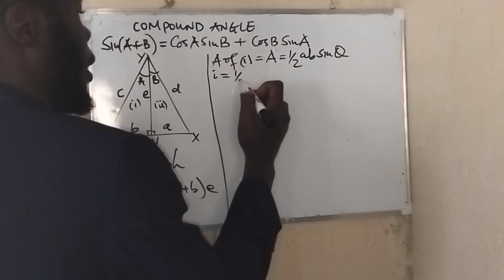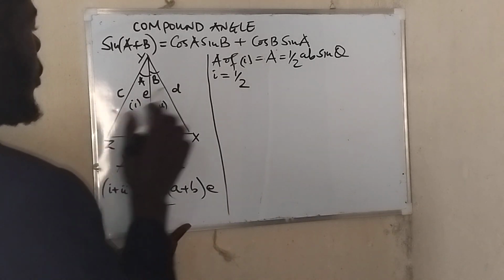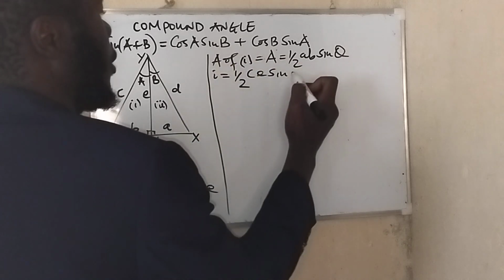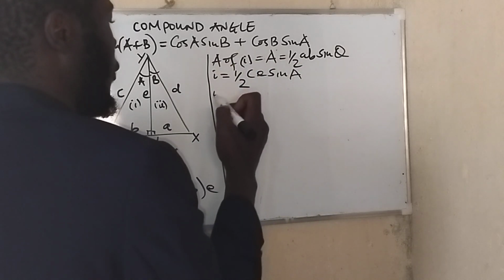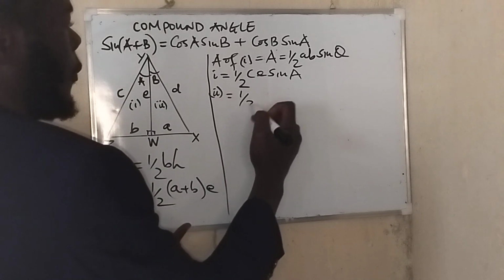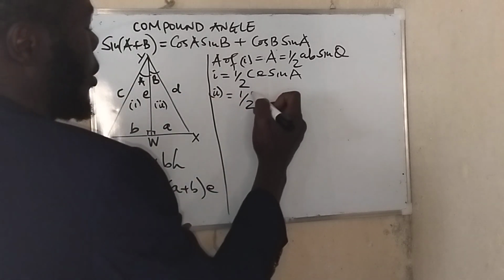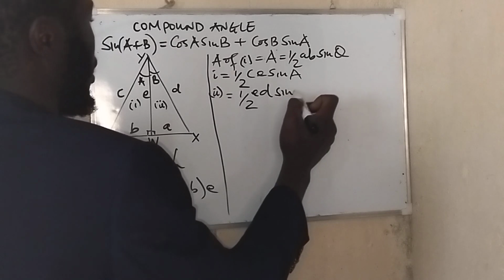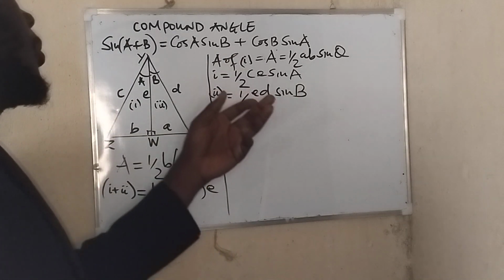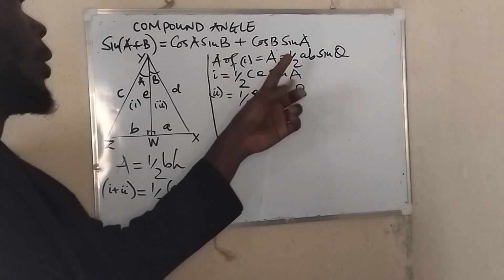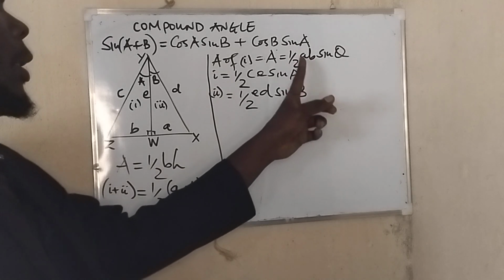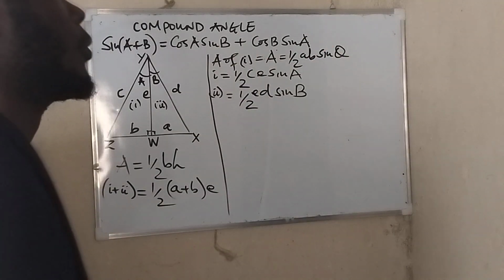So we have half, you have CE, and you have the sine of A. Then for Roman 2, this part we have half ED, and you have sine B. Because we can get the area of a triangle using this formula: area is equal to half AB sin theta if you have two sides which form an angle theta.